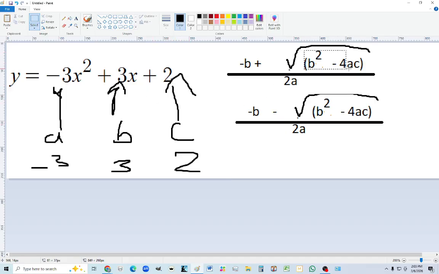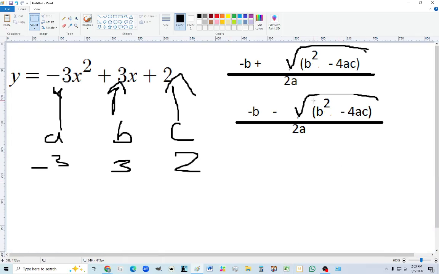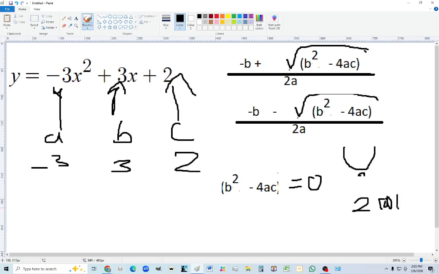But this is what we're studying right here, this discriminant. It's called a discriminant, this formula right in here. Now I'm getting to the question. When this discriminant is equal to 0, it means it crosses the x-axis once, or as your teacher calls it, two roots that are equal. But it just crosses once.